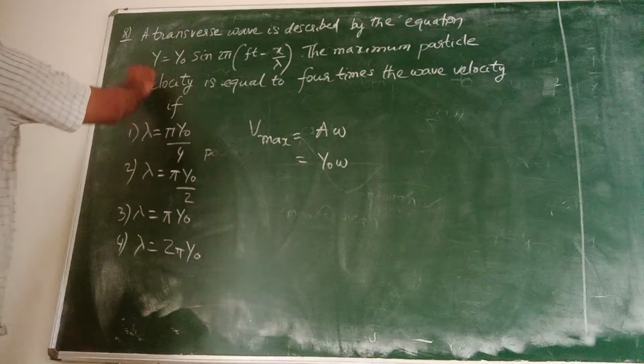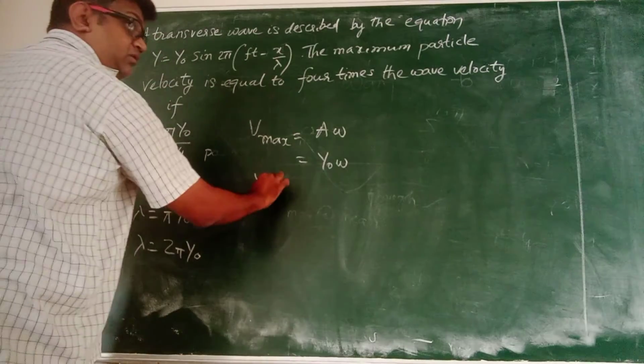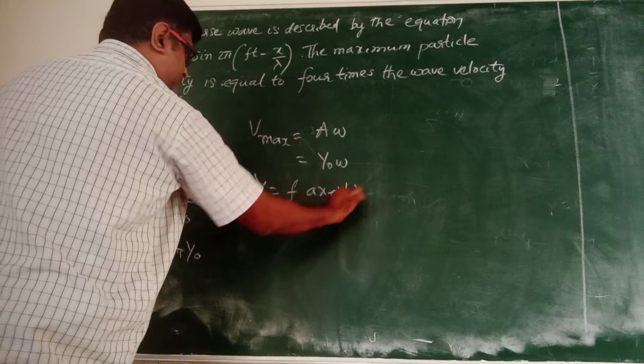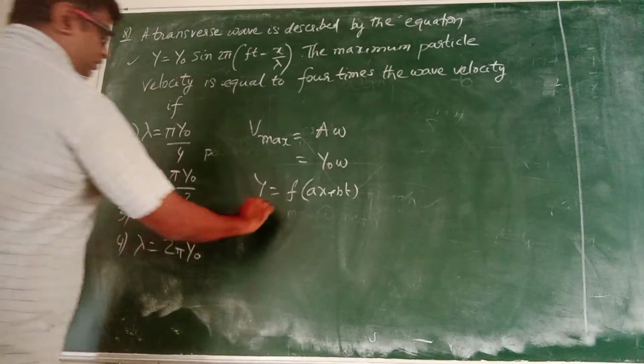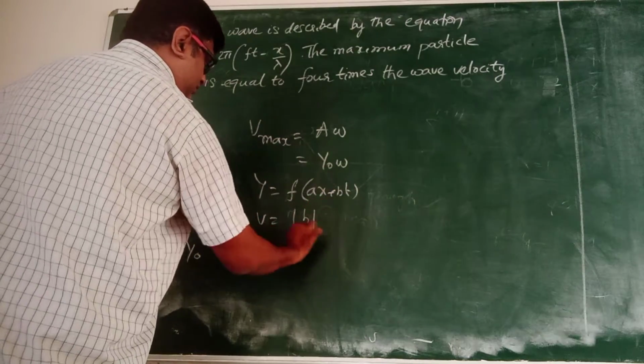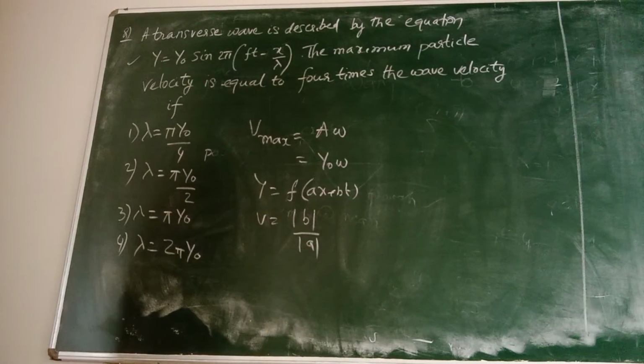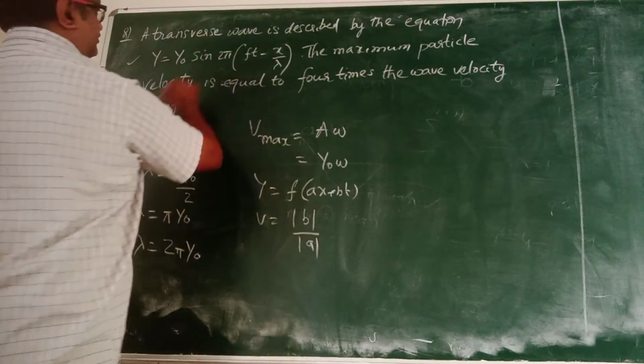Now this given equation is in the form of y is equal to f of ax plus bt. Okay. So velocity here is equal to mod b by mod a. Coefficient of t divided by coefficient of x. So you can see here 2 pi is common.